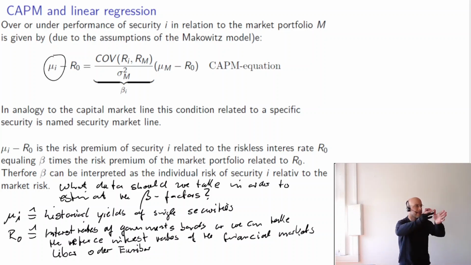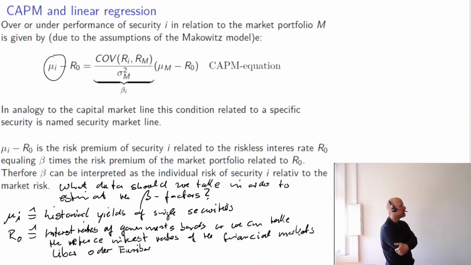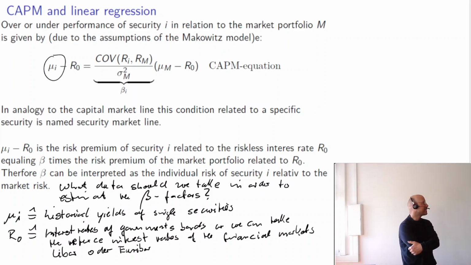And this is every day fixed within the banking market. The LIBOR is still in London, and the Euribor, I think it has moved to Frankfurt right now, because you know that the UK has left the European Union.